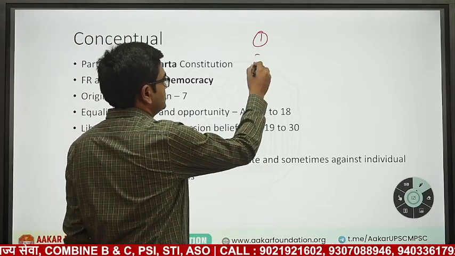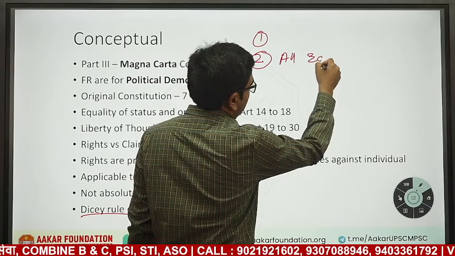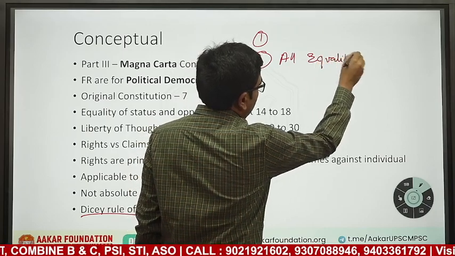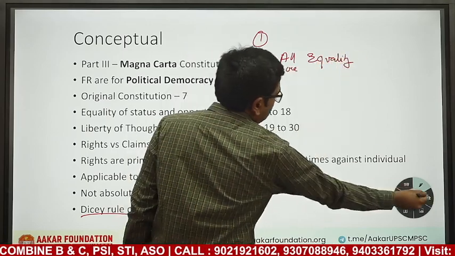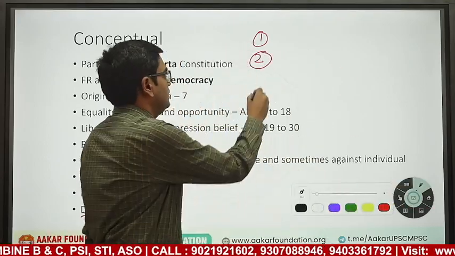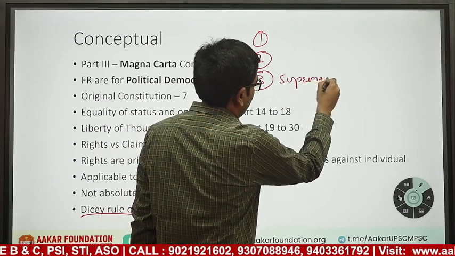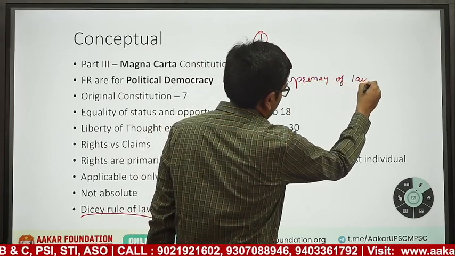The second thing Dicey's rule of law says is that all are equal, equality before law. That is mentioned in our Article 14. Third, it says supremacy of law.